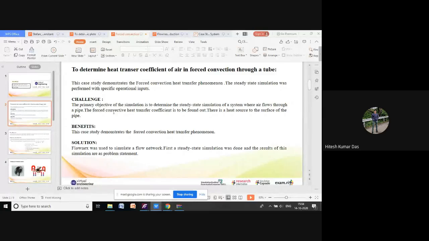The forced convective heat transfer coefficient is to be calculated. Means H we need to calculate here, and we have assigned one heat source, which is heat input, means heat flux in a pipe to identify the heat input on the surface. The benefit of this case study is that it demonstrates the forced convection heat transfer phenomenon. It will simulate the flow network, first steady state simulation was done, and the results of this simulation are as per the problem statement.